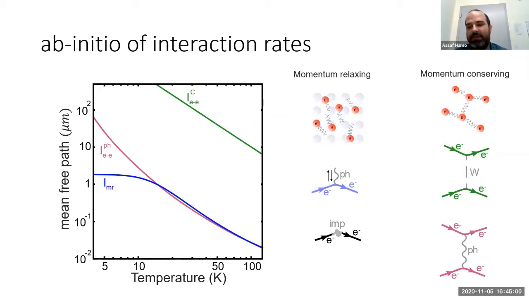This is calculated. They calculated it at zero temperature, and then just using Fermi liquid theory, with T squared, they extrapolated from zero temperature. It seems to be very low. This is the idea.